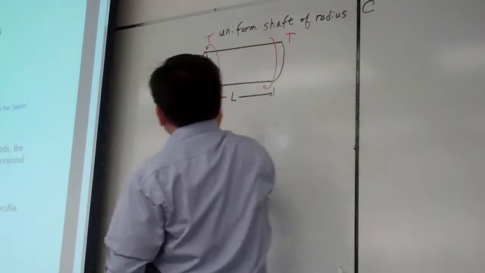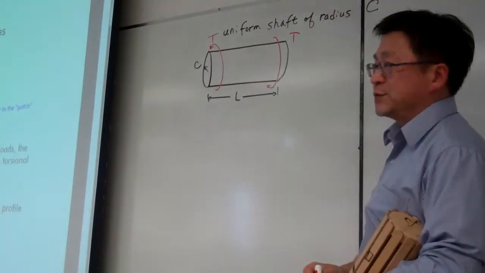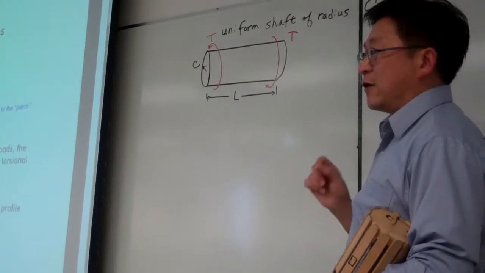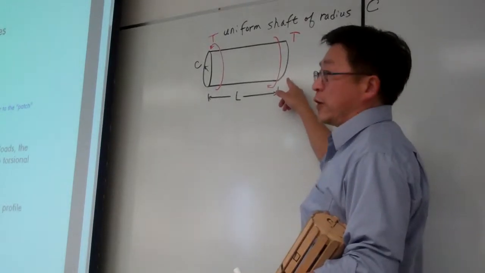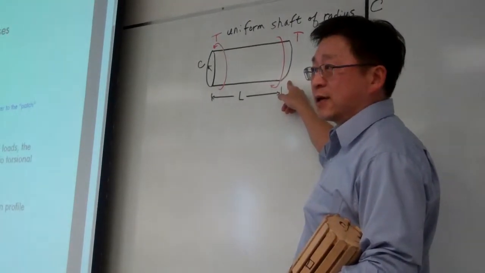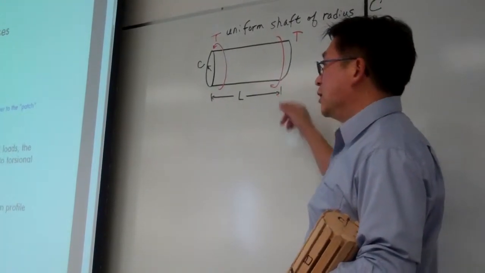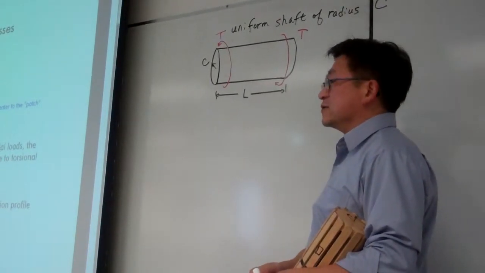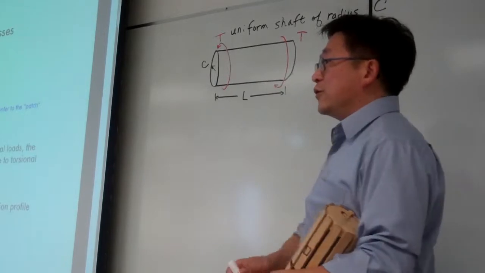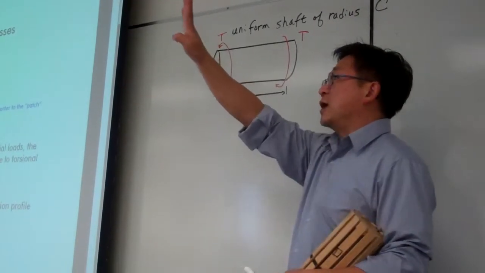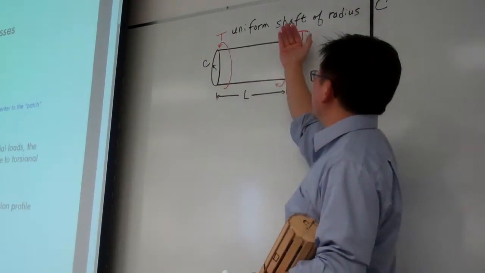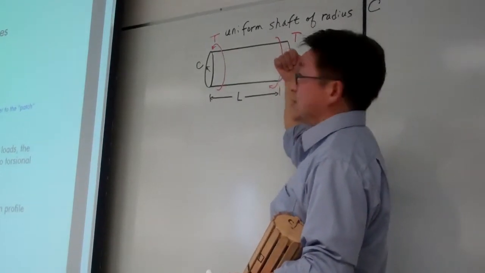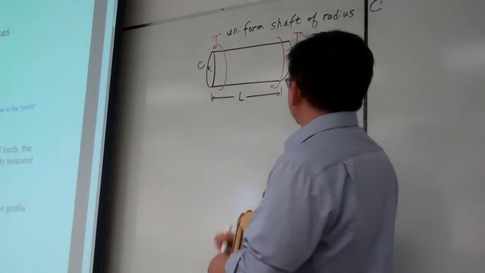This is the symbol used in most textbooks. Sometimes, even for myself, I have a hard time seeing the right direction of this. That is my experience, so I like to come up with a different symbol. If we use our right-hand rule, we use our four fingers to circulate the direction of the torsion, then the thumb indicates the direction.